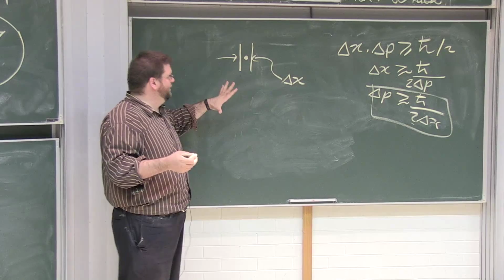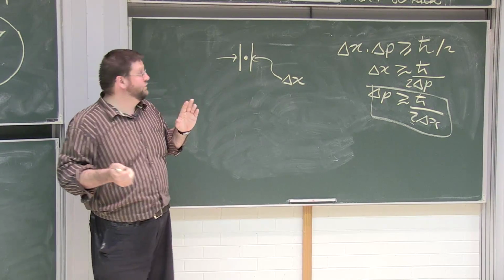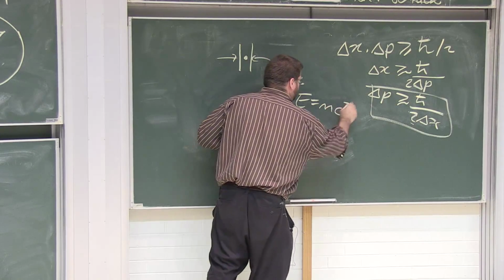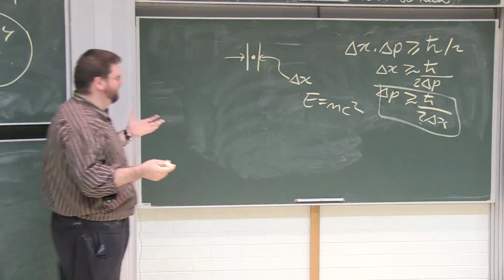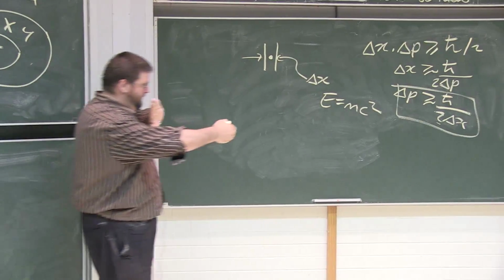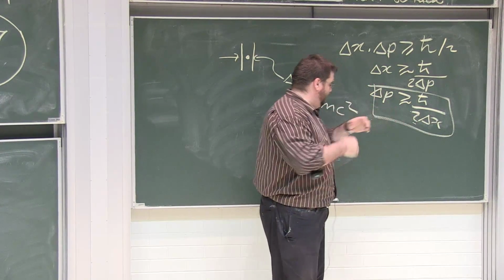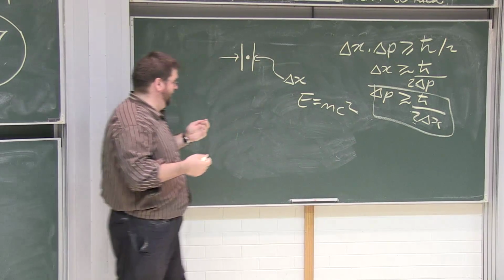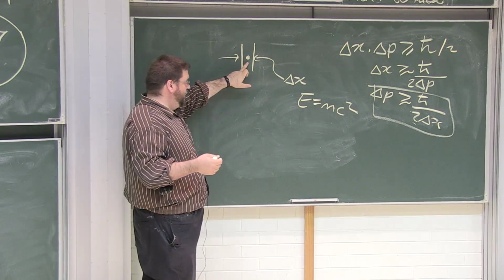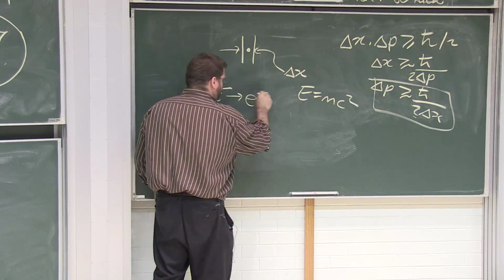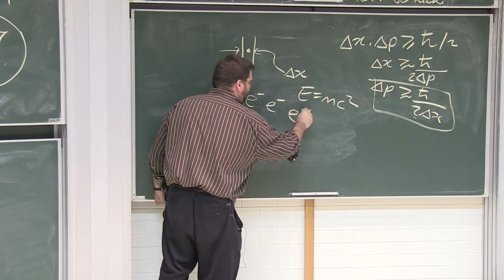Eventually, you'll have enough momentum to create an electron-positron pair, right? You know the most famous equation in all physics, which says that energy and mass are the same thing. If delta x is sufficiently small, then the fluctuation in the momentum can become sufficiently large that you no longer have one electron. That one electron might morph into 2 electrons and a positron.